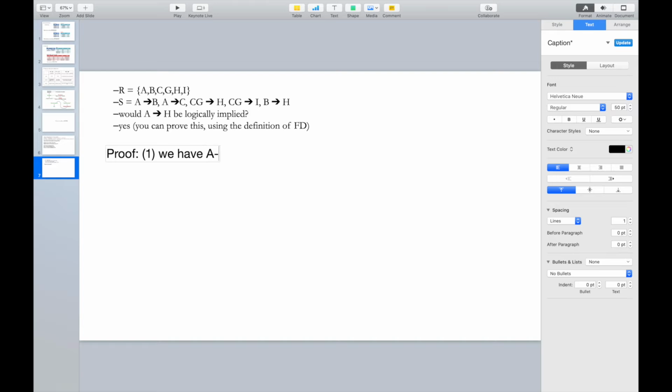A implies B, and based on the definition we know, I hope you still remember what this implies means, right?